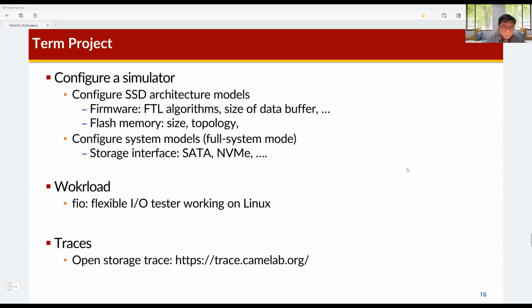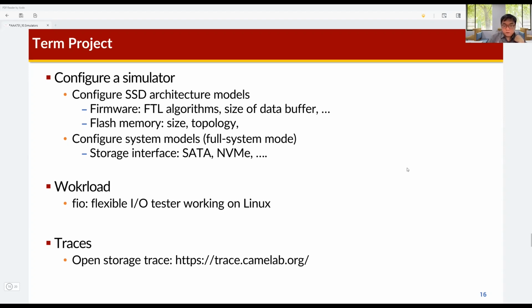So this is some example project steps. You can configure simulators using the provided parameters. You can configure SSD architecture models such as the firmware model and the flash memory topology. With the firmware model, you can configure the FTL algorithms, what size of data buffer, and how the data buffer is managed.